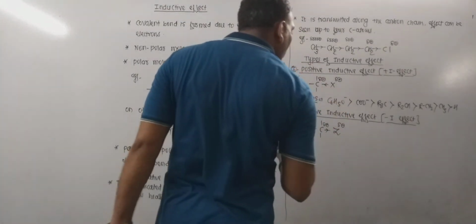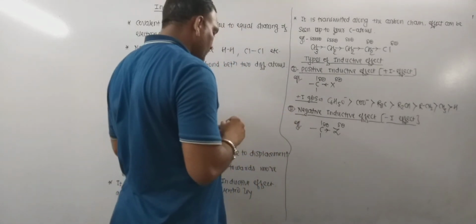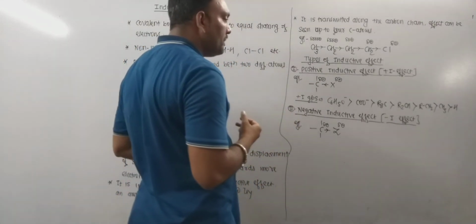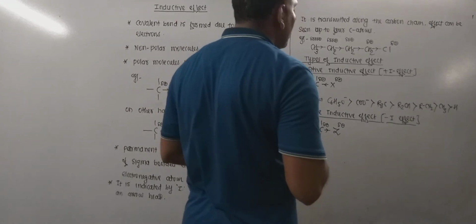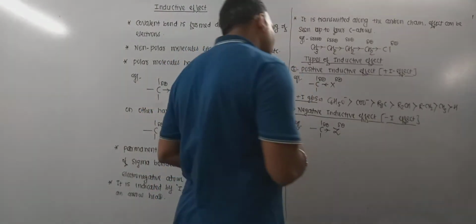Then when such type of permanent polarization gets created within the molecule, it is said to be what? Negative inductive effect.